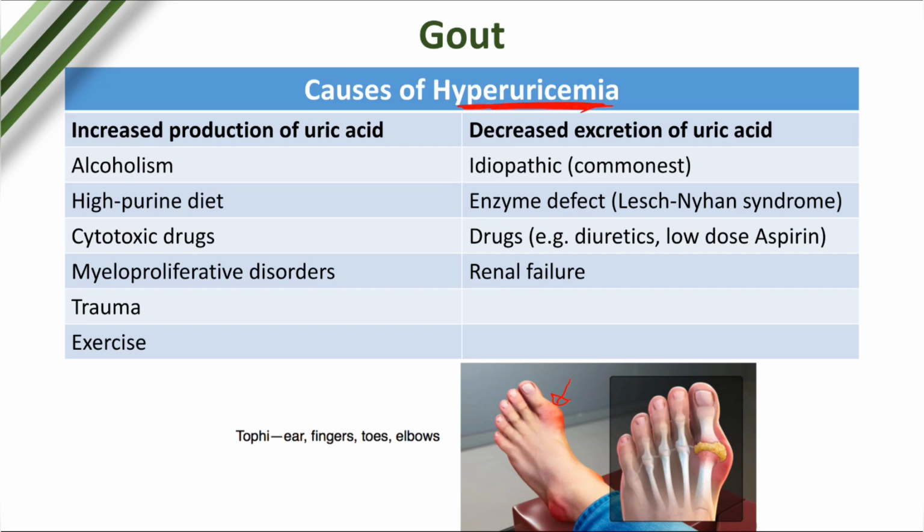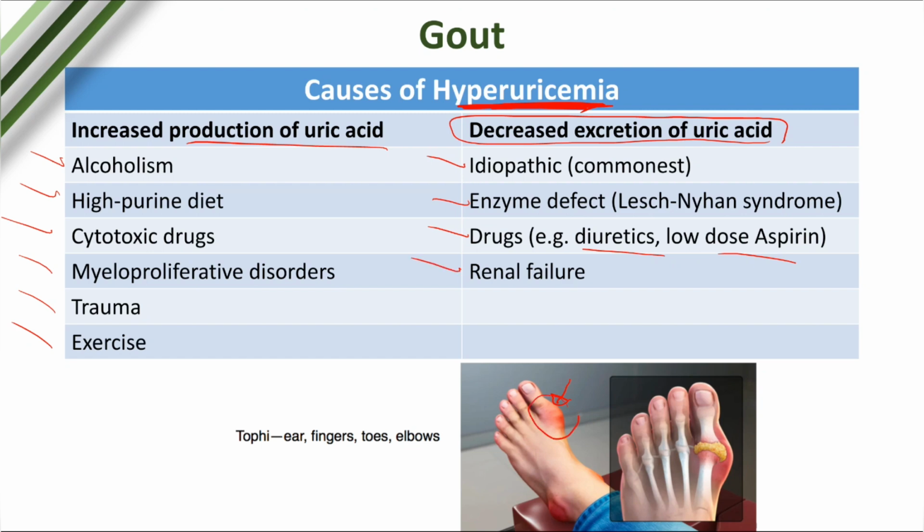There is hyperuricemia because of increased production of uric acid by alcohol, high purine diet, cytotoxic drugs, myeloproliferative disorder, trauma, exercise. Sometimes there is decreased excretion of uric acid. Commonly it's idiopathic, but it might be due to some enzyme defects, drugs like diuretics, low-dose aspirin, and renal failure.